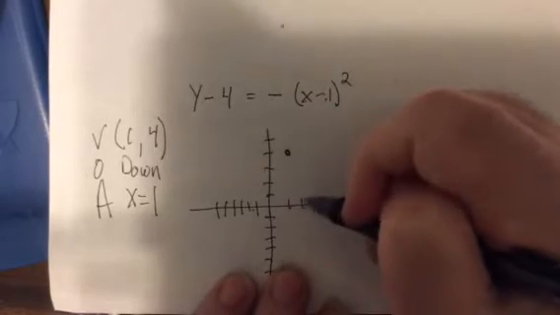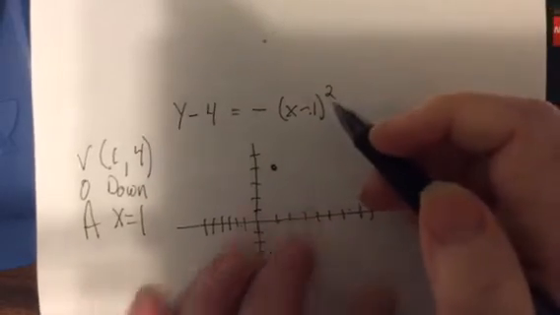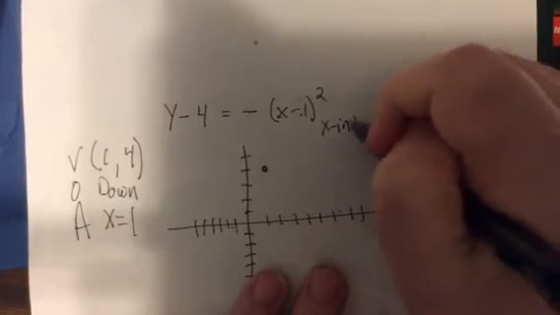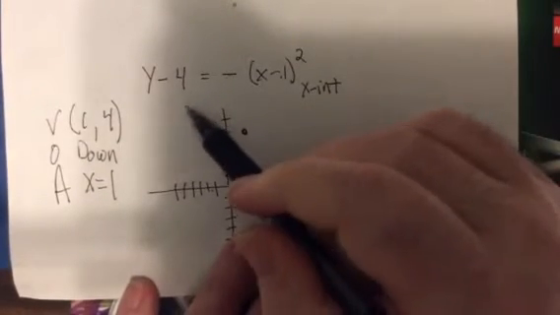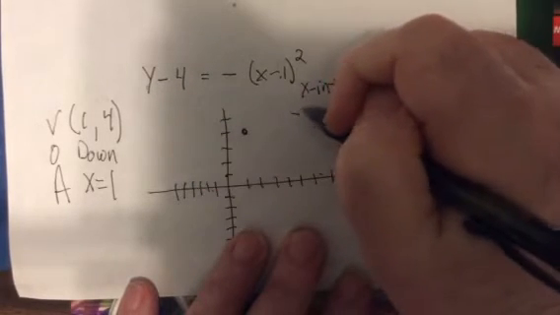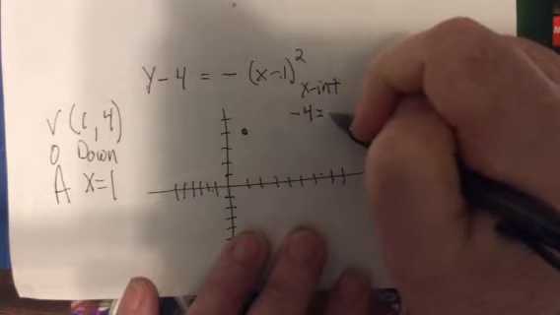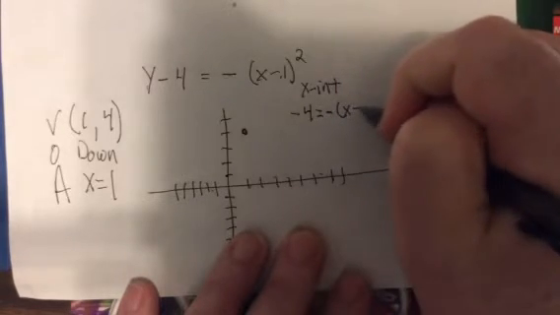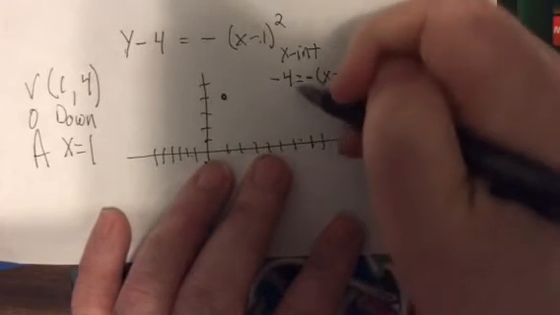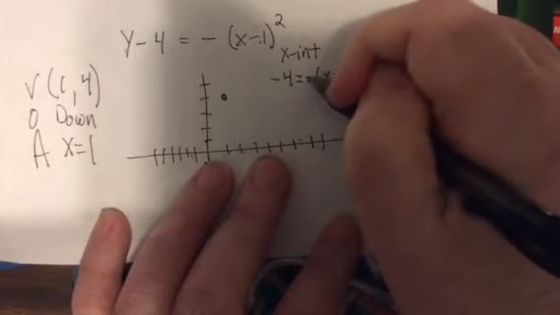It's coming down. The x-intercept, let's see, we put 0 in for y, so -4 equals -x minus 1 squared. First we got to get the negative off both sides, sorry.